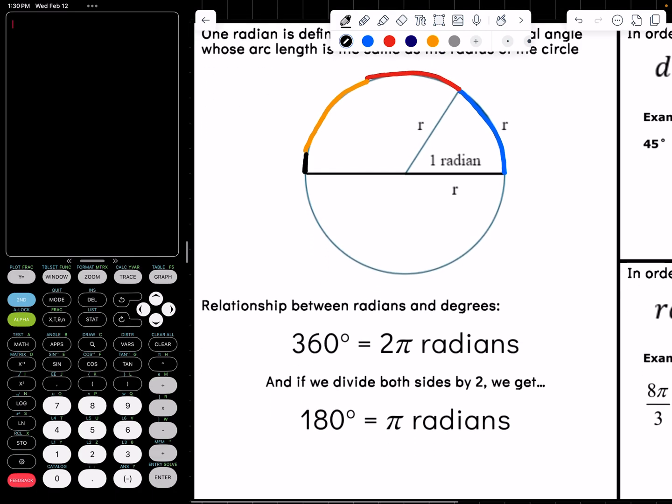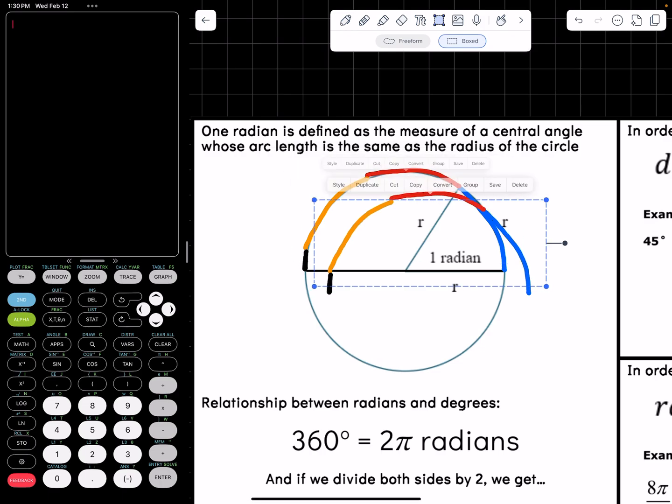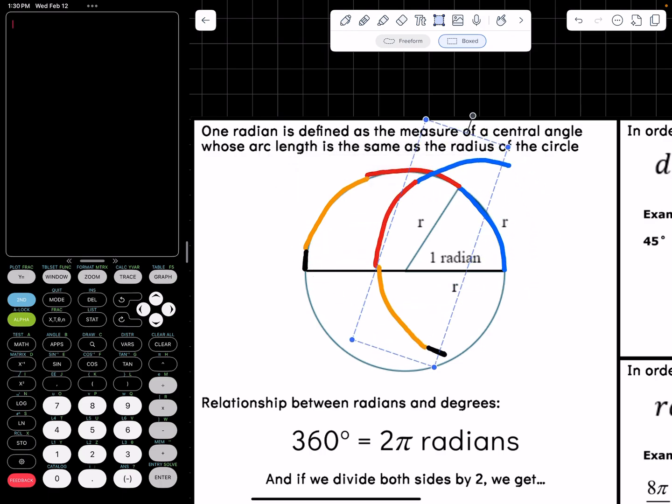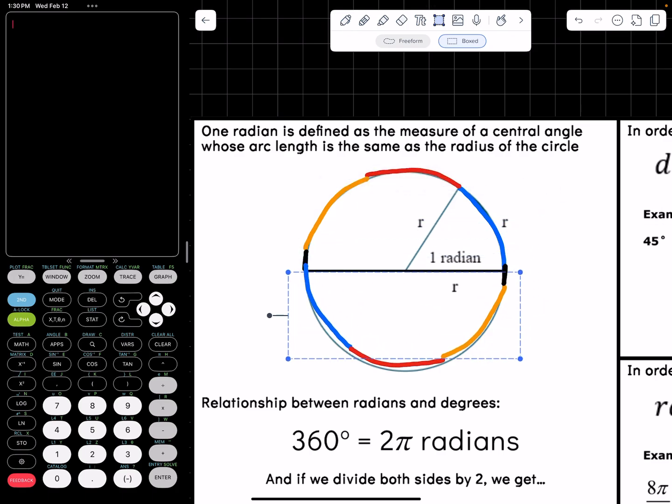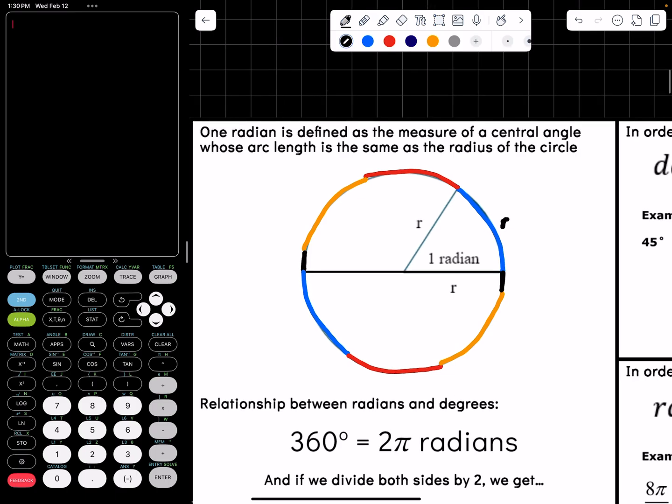So the relationship between degrees and radians, if we take it all the way around the circle, we can duplicate this, flip it upside down, and move it all the way around the circle, okay? We have 1 radian, 2 radians, 3, 4, 5, 6 radians, plus a little bit on both ends.